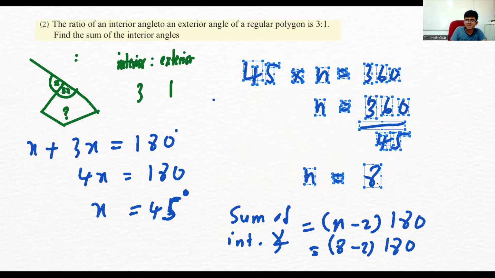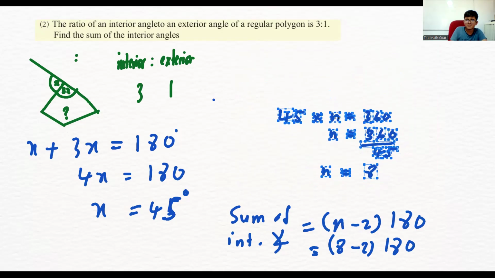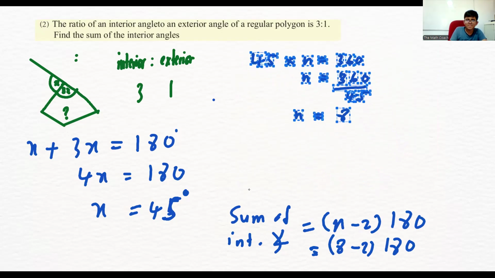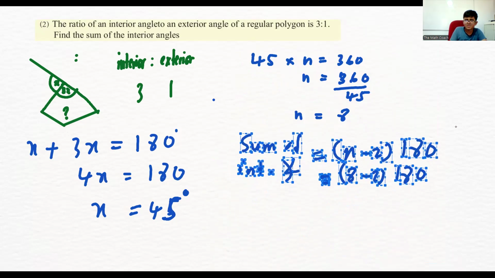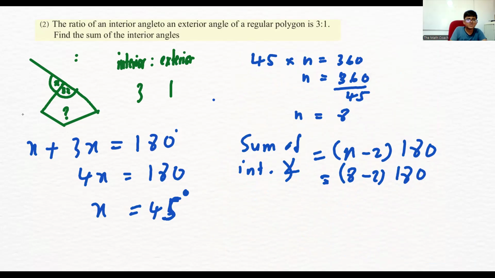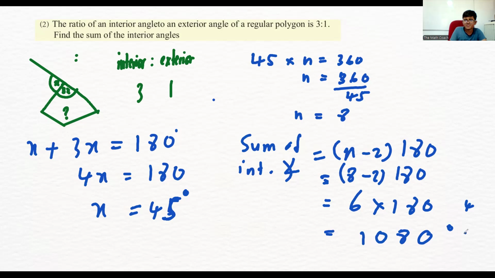Let's minimize this here. The answer is 6 times 180, which is 1080 degrees. So the sum of all the interior angles equals 1080 degrees, and that's the answer. Right, let's go for the next question.